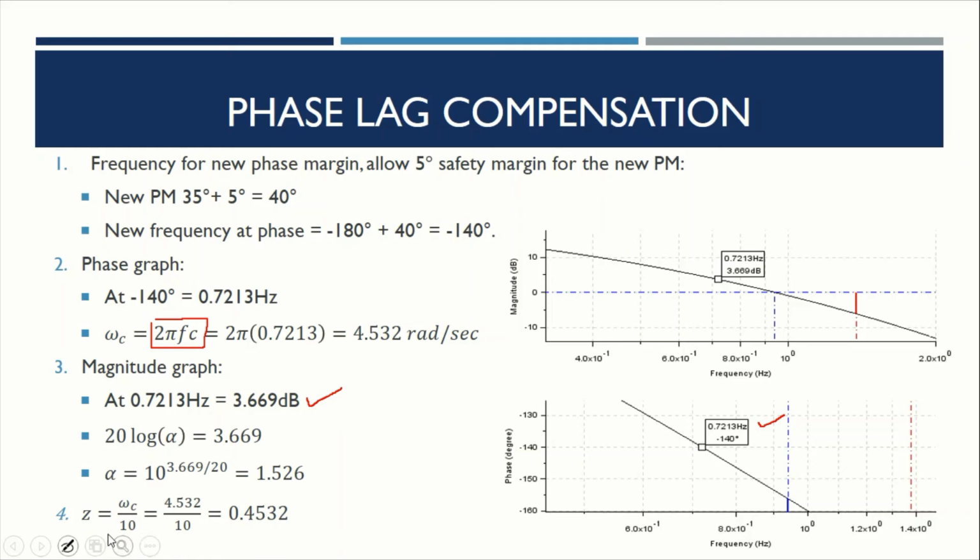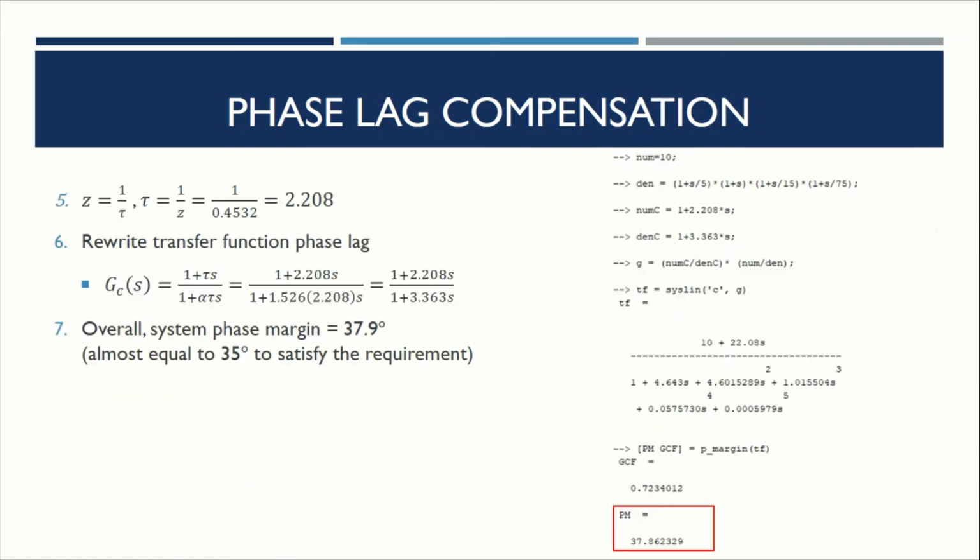After that, you have to find Z equal to omega c over 10. Replace omega c with the value 4.532 over 10, and you get the value 0.4532. The next step is to find tau using the formula Z equal to 1 over tau.